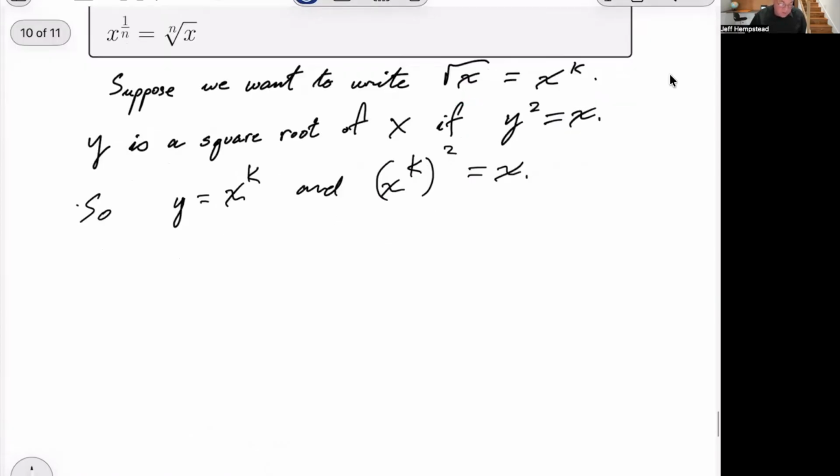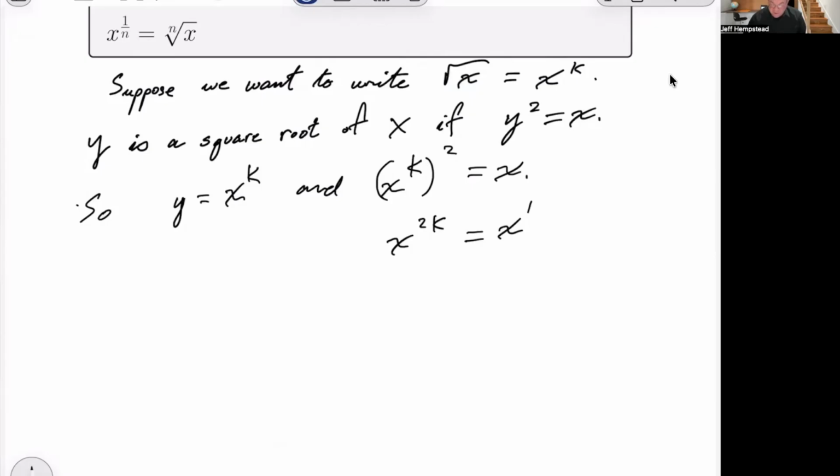Well, let's hit this thing with our power of a power property and go x raised to the power of k times 2, or 2 times k, either way, is equal to x. And there's always that invisible power of 1 there. So x raised to the 2 times k is equal to x raised to the first.